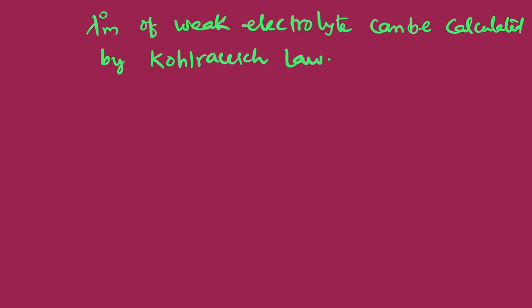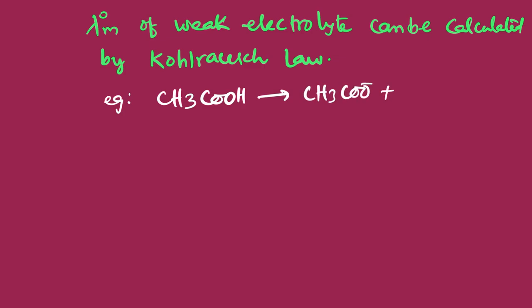Now I am using the example of acetic acid. Acetic acid is a weak electrolyte. It ionizes into CH3COO minus plus H plus.